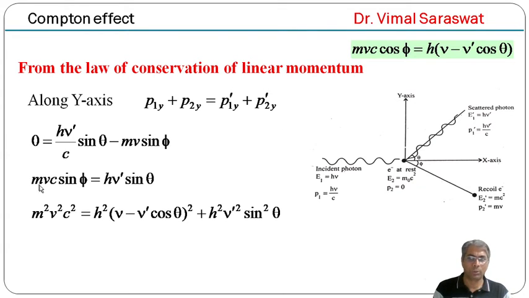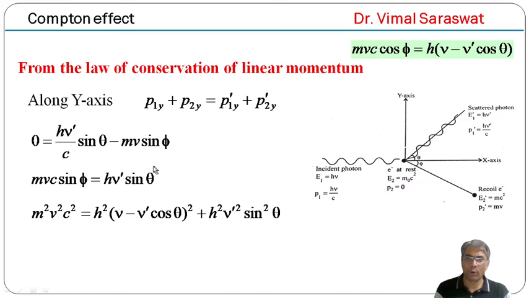So this will be equal to m²v²c²(sin²φ + cos²φ), that is 1. So on the left hand side we get m²v²c², and on the right hand side we get h²(ν − ν' cos θ)² + h²ν'² sin²θ.